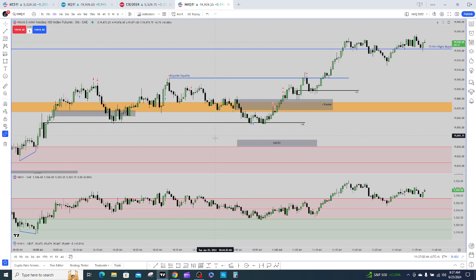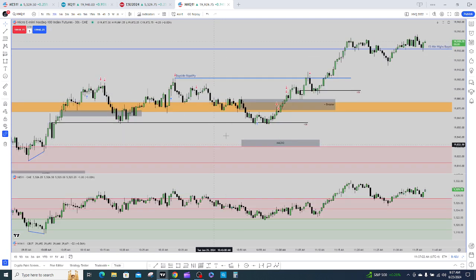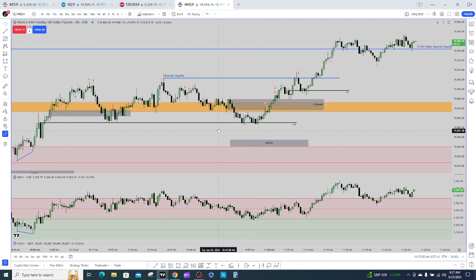Anytime you have a buy side liquidity pool and then a sell side liquidity pool taken, that candle is going to be a breaker. If you want to learn more about that, find it on ICT's YouTube channel in his core content. But this breaker is a support area.